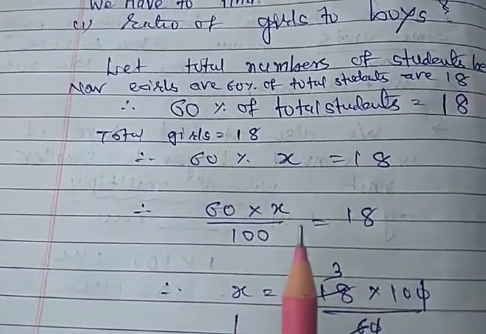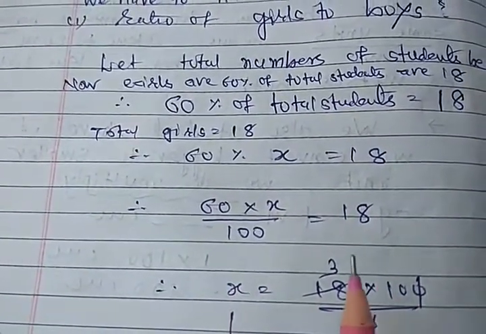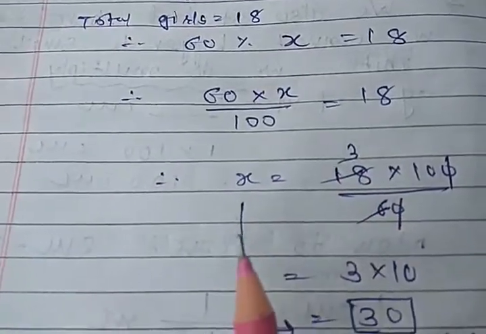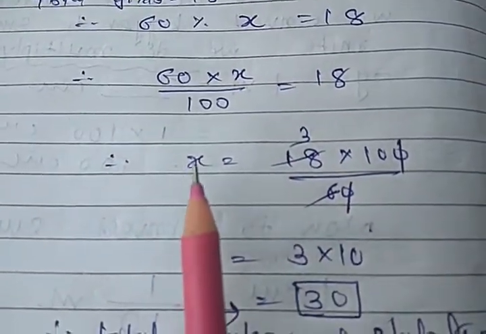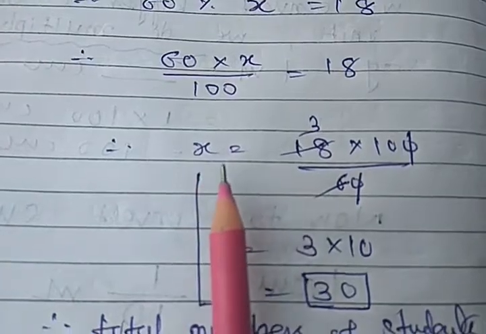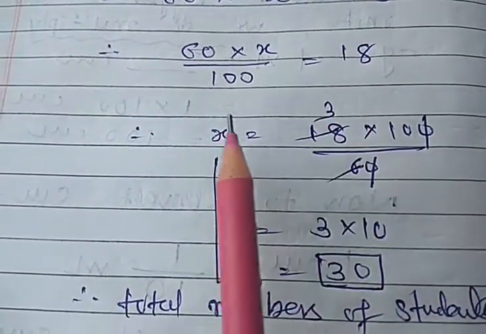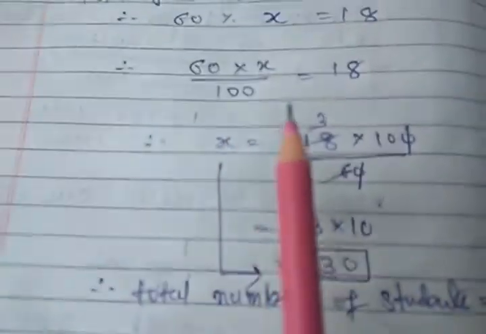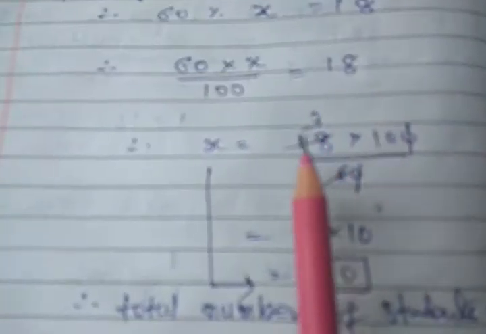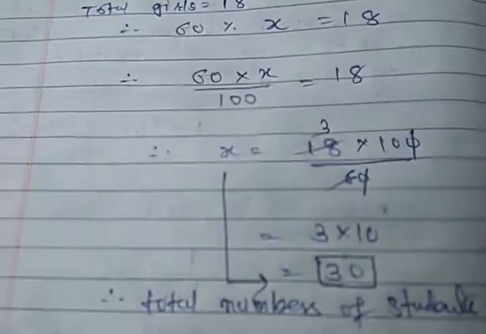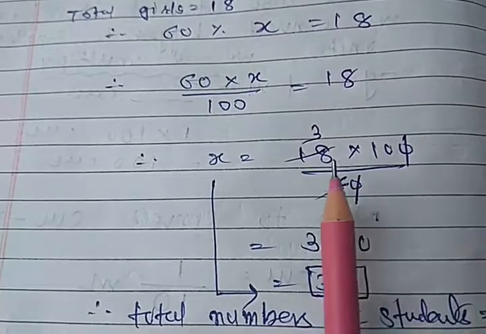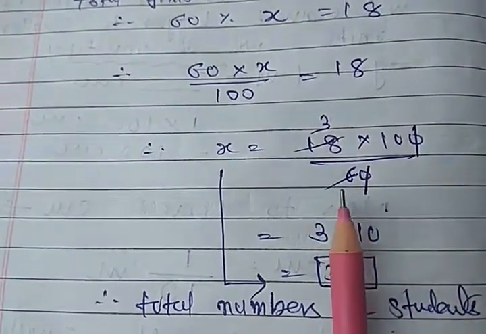So 60 multiplied by x upon 100 is equal to 18, right? Therefore x is equal to 18 into 100. This division, when it goes to this side, becomes multiply, so 18 into 100 upon 60.